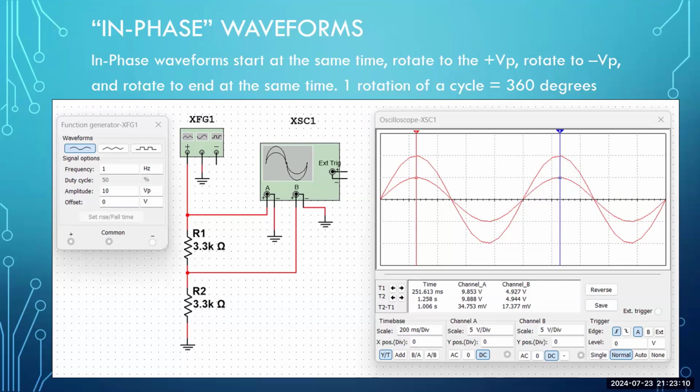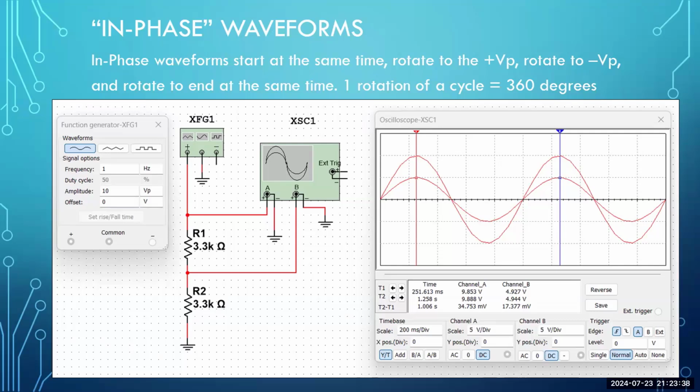But what I want to show you and describe here is in phase. So what in phase means, if we read the narrative, it says in phase waveforms start at the same time, rotate to the positive V peak, rotate to the negative V peak, and rotate to end at the same time.